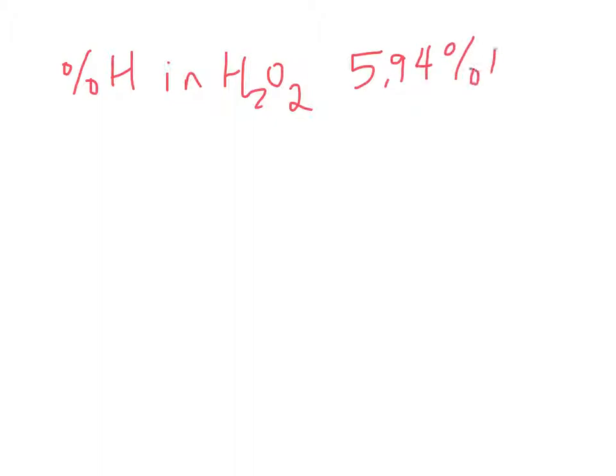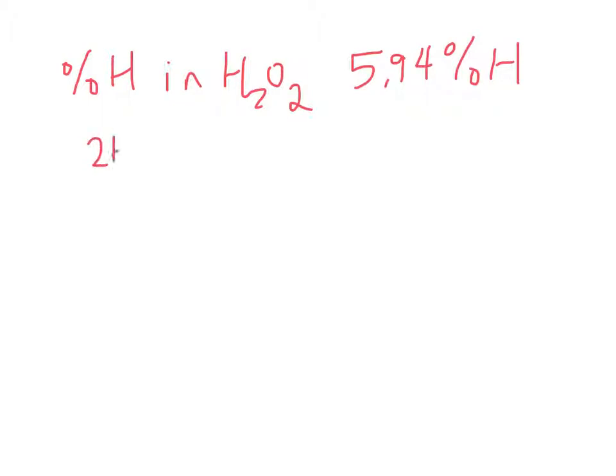The next problem here says how many grams of hydrogen are in 26.7 grams of hydrogen peroxide. So here they're asking us about a mass within a mass. That's how we know we're going to use percent composition. So the percent composition of hydrogen in hydrogen peroxide, if you calculate that out, I got that there was 5.94% hydrogen by mass in hydrogen peroxide.